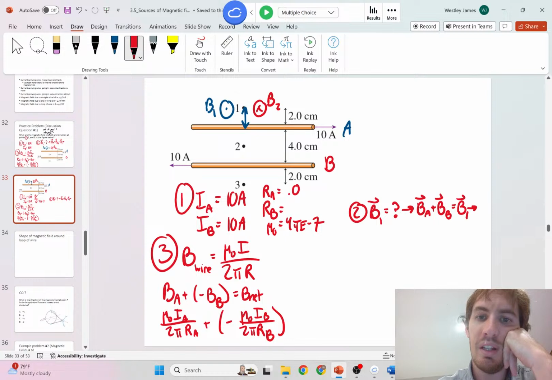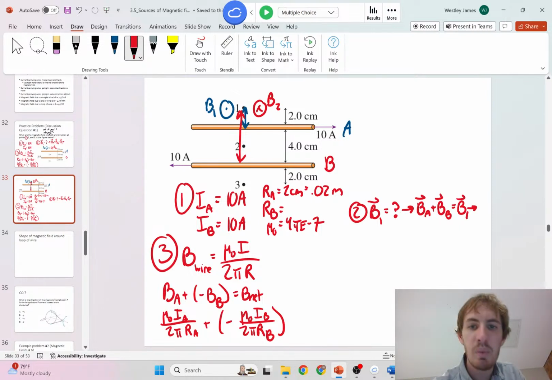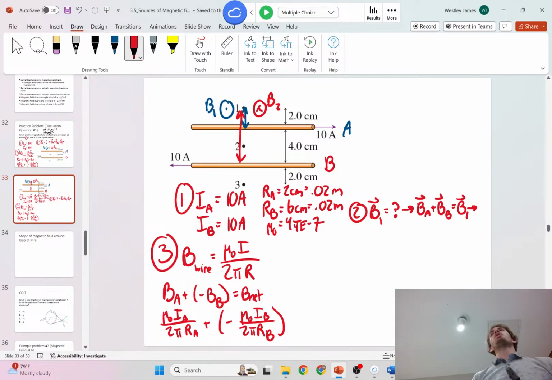I'll write 2 centimeters, so for those looking at this later, 2 centimeters equals 0.02 meters. RB is the distance from wire B to that spot, which is 6 centimeters, 2 plus 4. Bam. And at this point, y'all, just plug and chug.